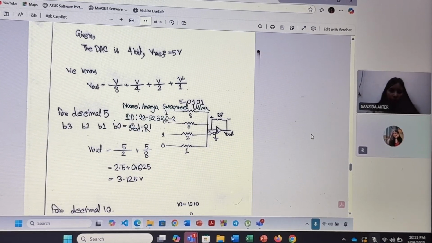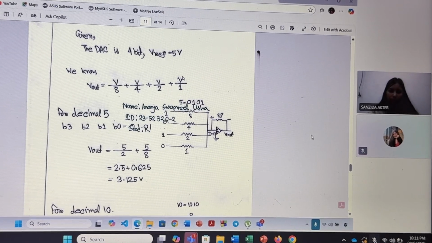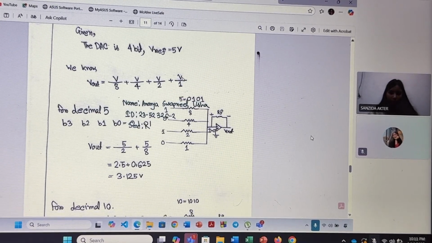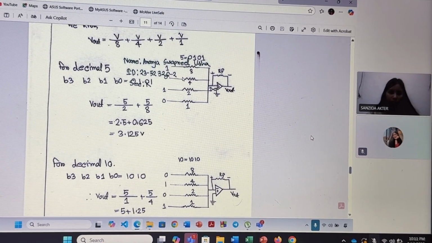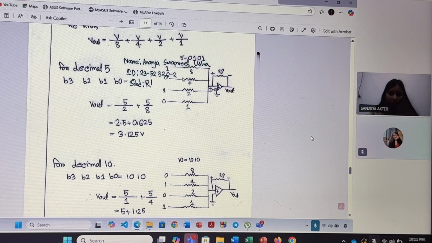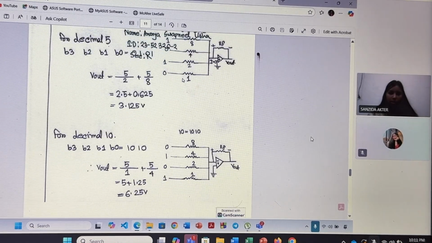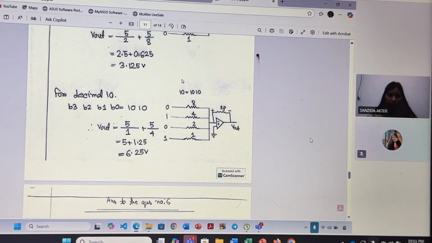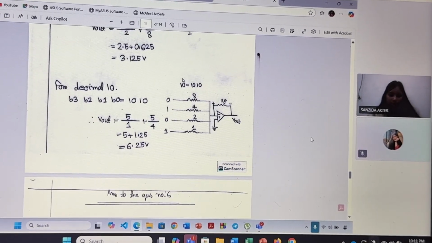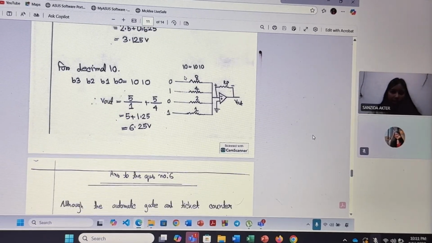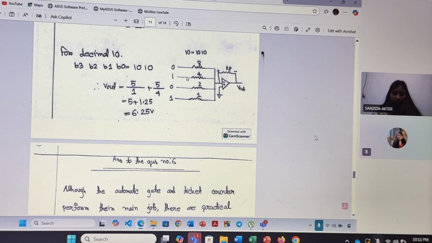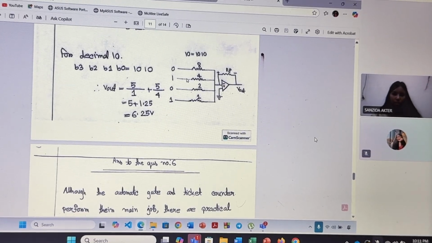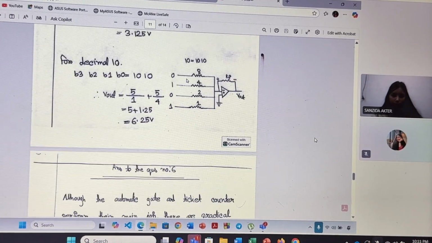We know V out equals V by 8 plus V by 4 plus V by 2 plus V by 1. For decimal 5, V out equals 5 by 2 plus 5 by 8, which is 3.125 volt. For decimal 10, the binary is 1010 and V out is 5 by 1 plus 5 by 4, which is 6.25 volt.